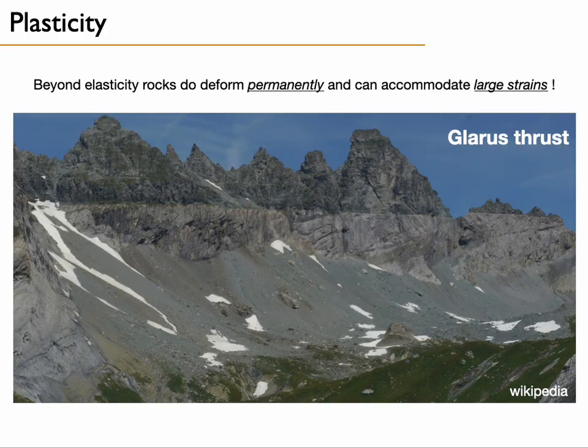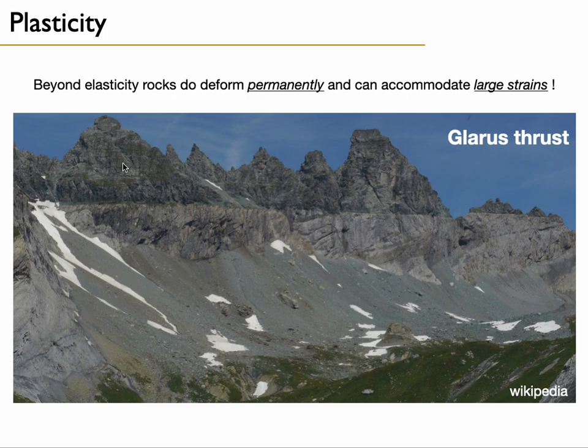Now going to plasticity. Plasticity is a mechanism that allows the localization of deformation in rocks and the accumulation of large strains. That's a fantastic example of the Glarus thrust fault, and it's a super manifestation of strain localization.